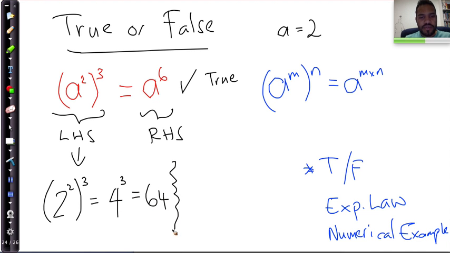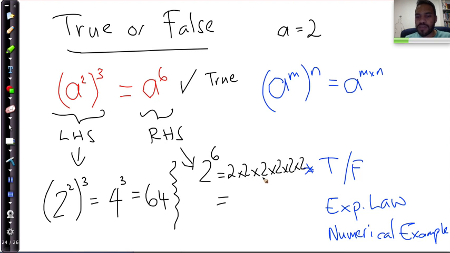Let's see if I can do it for the right-hand side. Again, I'm going to let a equal 2. So I'm going to make it 2 to the power of 6. 2 to the power of 6 is 2 times 2 times 2 times 2 times 2 times 2. 2 times 2 is 4, 4 times 2 is 8, 8 times 2 is 16, 16 times 2 is 32, and 32 multiplied by 2 gives me 64.